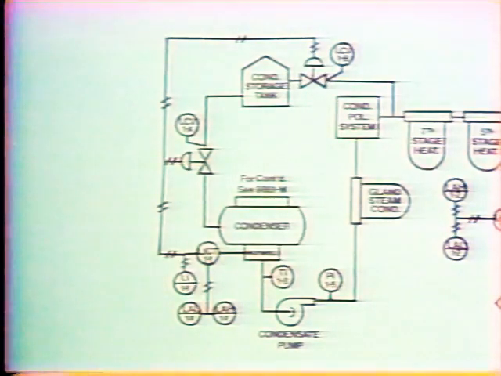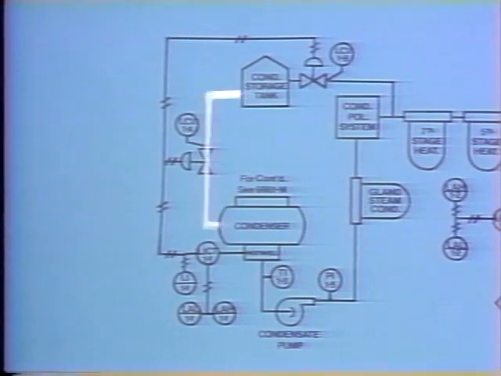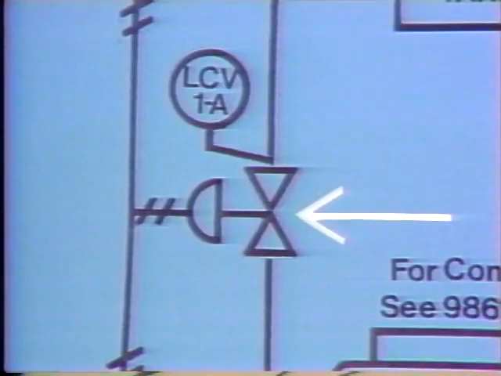This is what the hot well level control system looks like on our simplified P&ID. The system contains a makeup water line running from the condensate storage tank to the condenser. Flow through this line is controlled by this control valve, identified as LCV 1A.